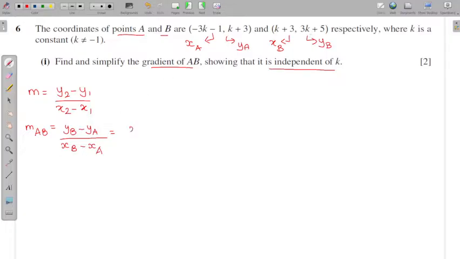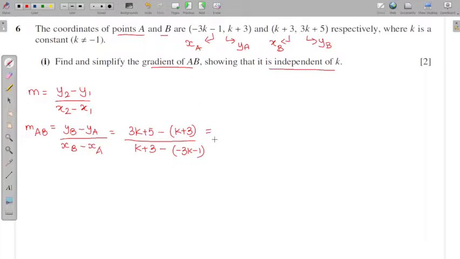So it will be 3k plus 5 minus the y coordinate of A, which is k plus 3. Remember to use brackets. Divided by the x coordinate of B, which is k plus 3, minus the x coordinate of A, which is minus 3k minus 1.